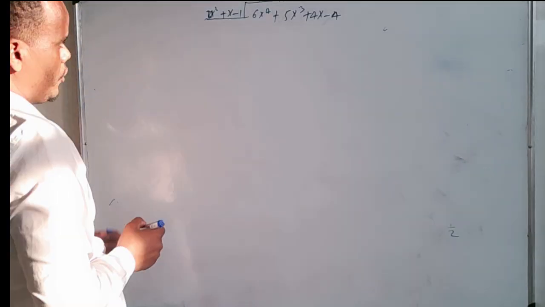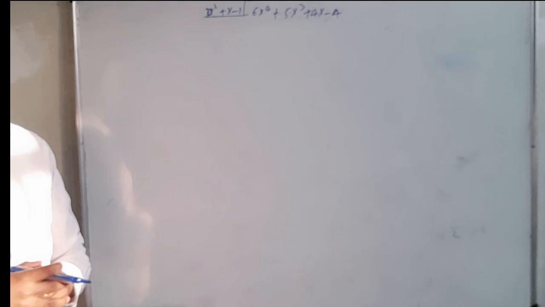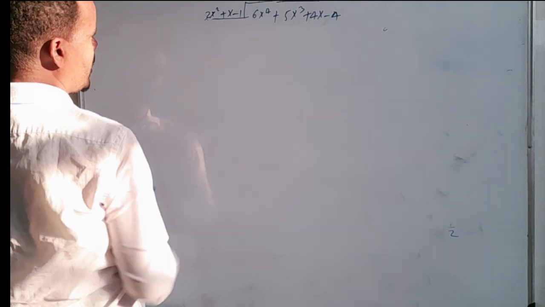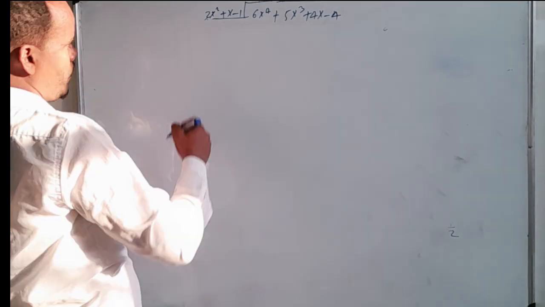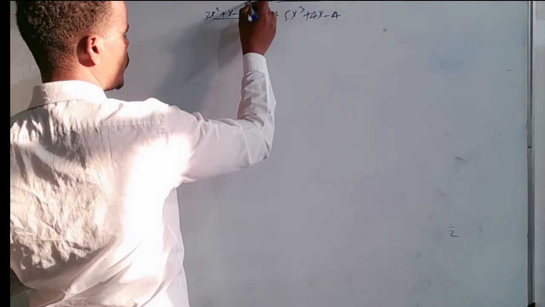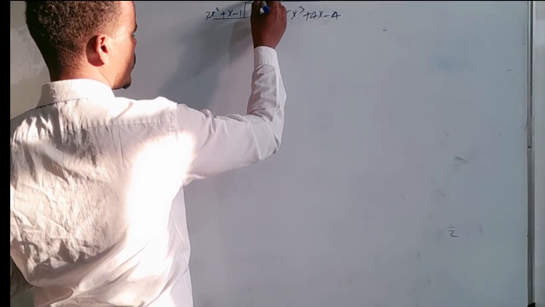Using long division, the dividend is 6x to the power of 4 plus 5x to the power of 3 plus 4x minus 4, divided by 2x squared plus x minus 1. Here 6 divided by 2 is 3, and x to the power of 4 divided by x to the power of 2 is x to the power of 2.